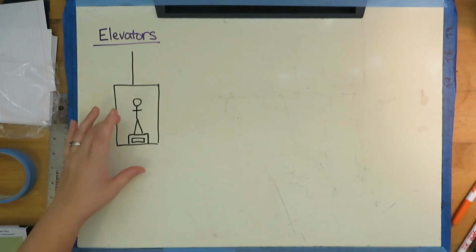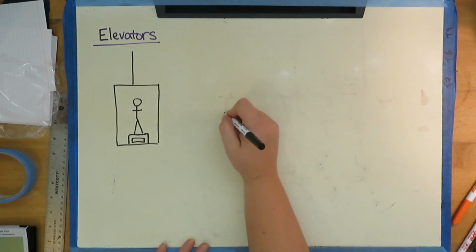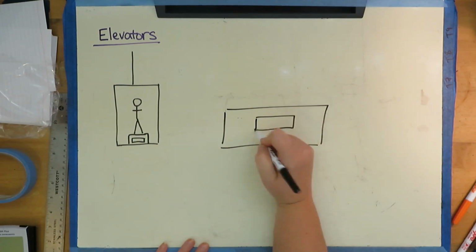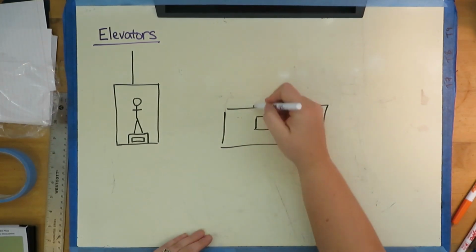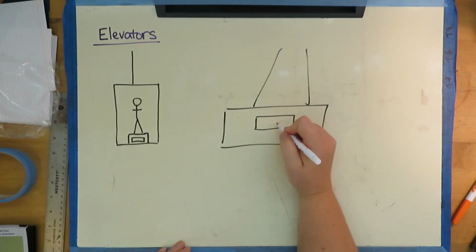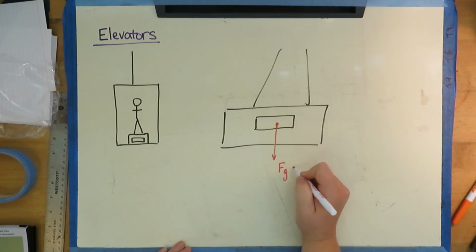So to understand what's going on with this scale, the scale is what allows us to measure weight, the force due to gravity. And it does that by measuring the normal force exerted on it. Because if I'm standing on top of the scale and I look at the forces acting on the scale, I would have a gravitational force of the Earth on the scale.